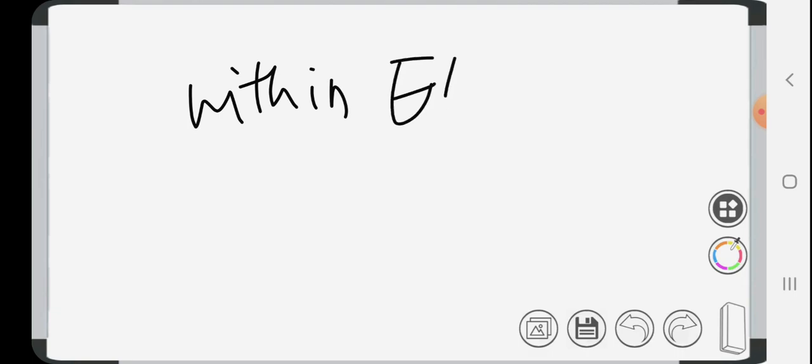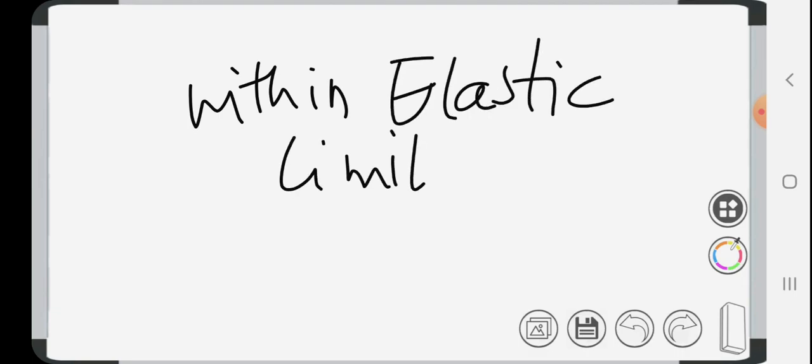Okay. So this is what Hooke's law is meant by. Very important: within elastic limits, Hooke's law is valid.